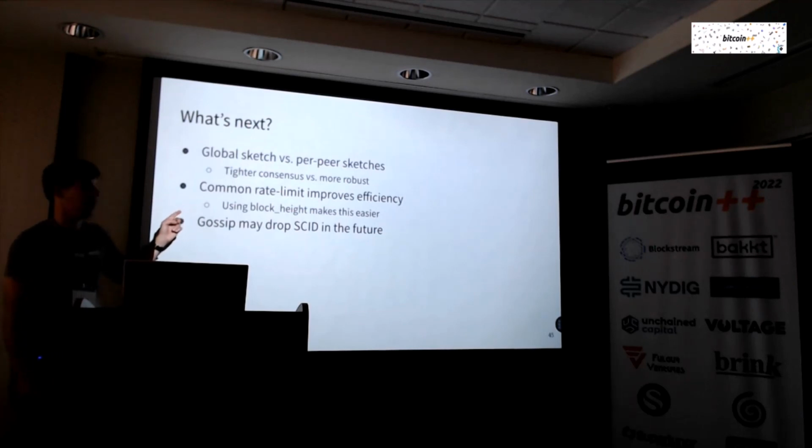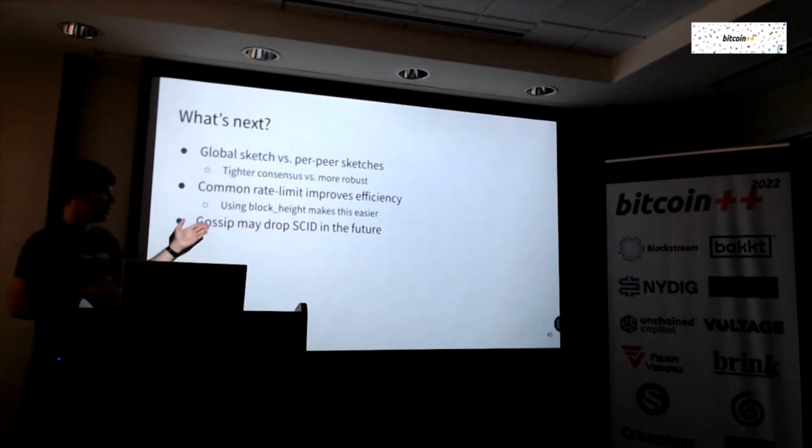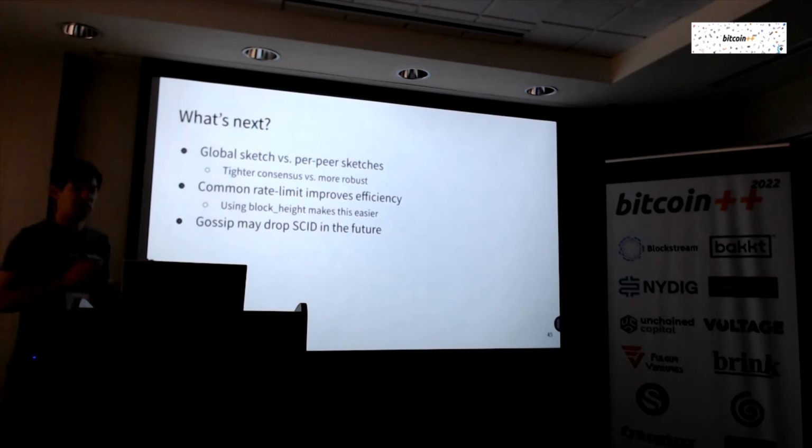Another thing is that we also have rate limits for when we accept gossip. And if we're rate limiting gossip pretty aggressively, this really cuts into our sketch capacity. So it would be nice for the implementations that opt into this set reconciliation if everyone can agree on a common criteria for when to rate limit.